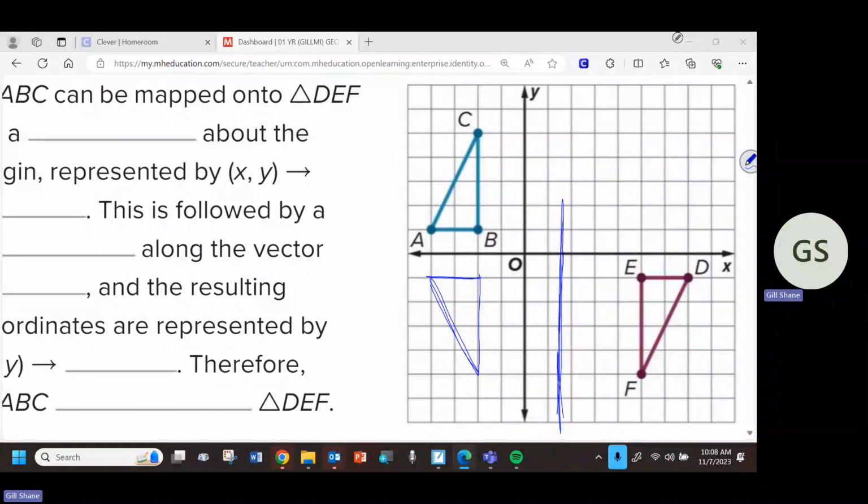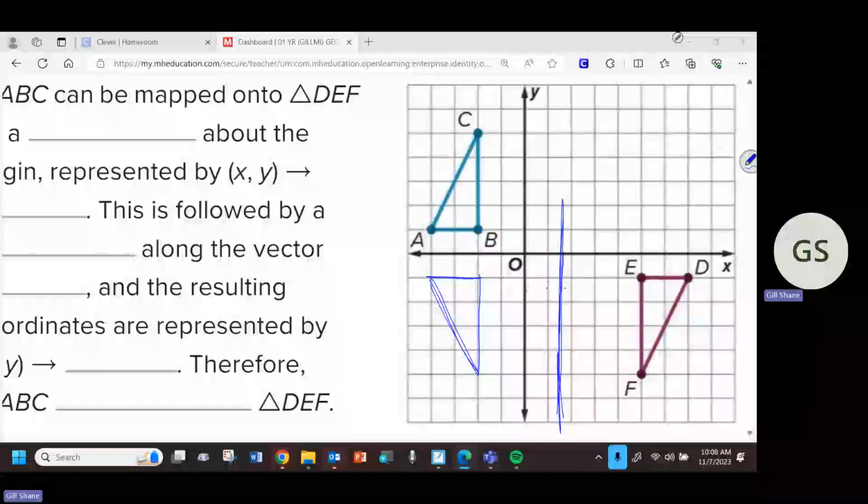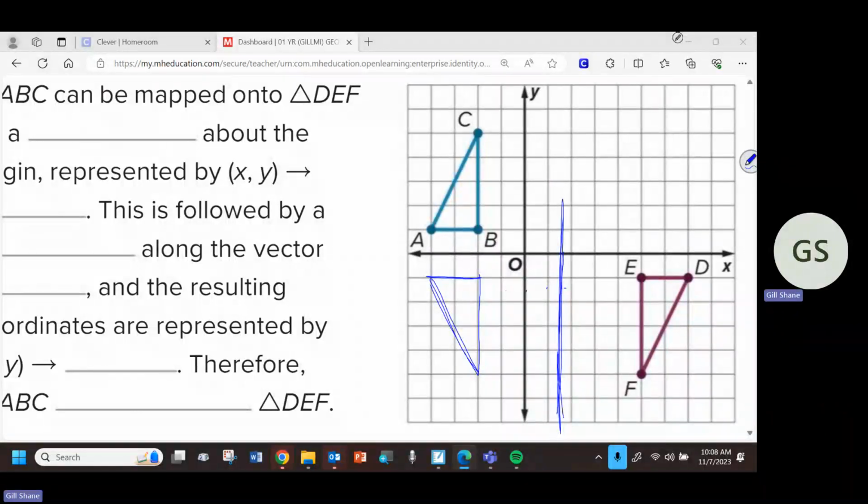It lands right on top of it, because this is 1, 2, 3.5 away, right? If this is my line of reflection at 1.5, that's 1, 2, 3.5. Well, there's my half, 1, 2, 3.5. So those points actually wind up matching if you reflect again over X equals 1.5.